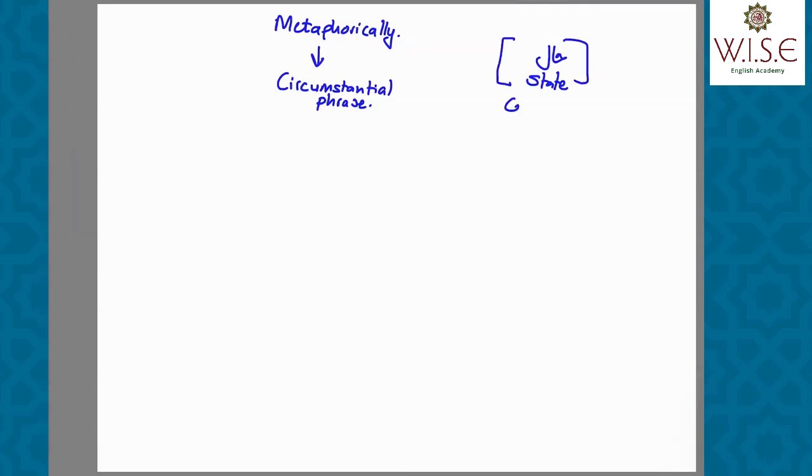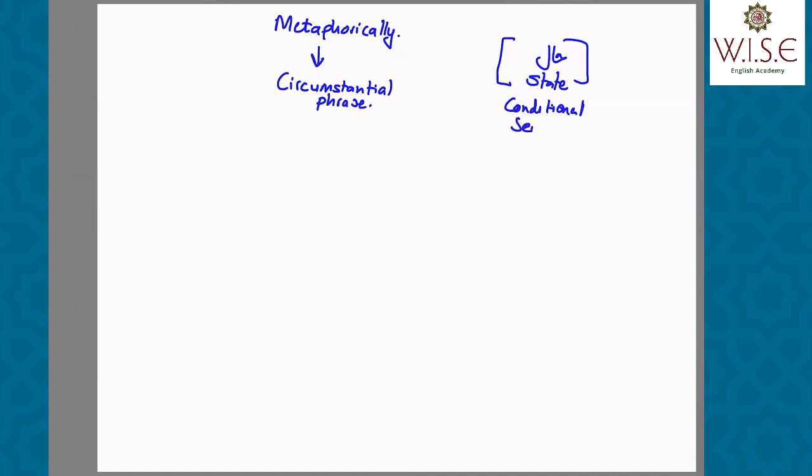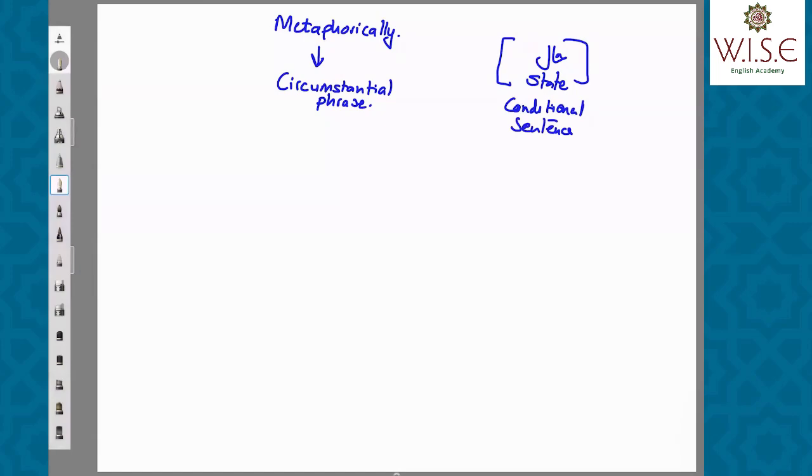It makes it conditional. We'll go through an example and you'll see it. The circumstance, al-hal, is conjoined with the individual, and the phrase then functions as a conditional sentence because al-hal acts as a limiter and restriction for the individual.